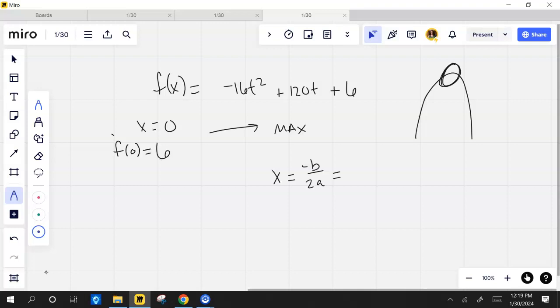Because at time 0, it's starting, so it's up 6 feet. But for the maximum, I've got to actually calculate it. So this would be negative 120 over 2 times negative 16, which is 3.75.